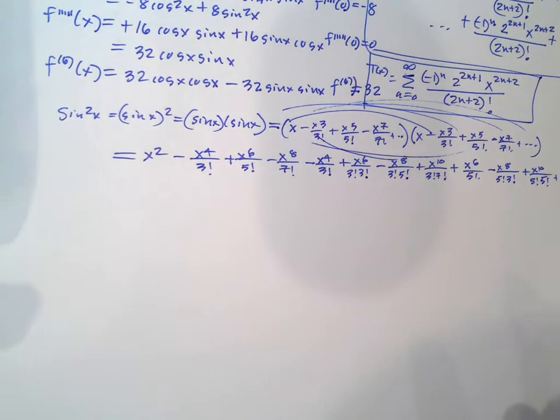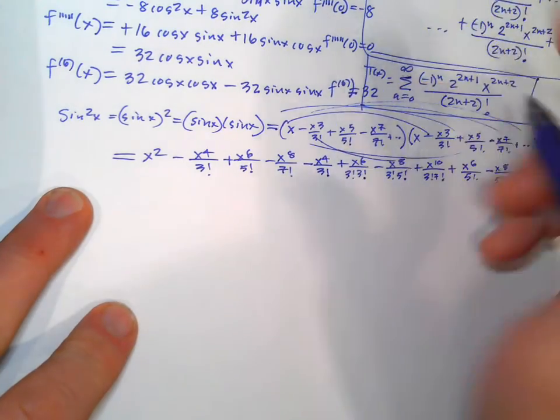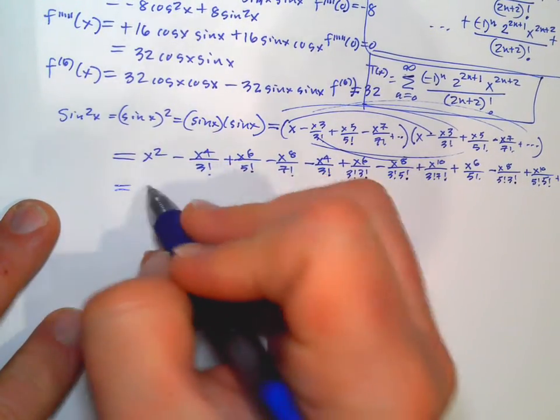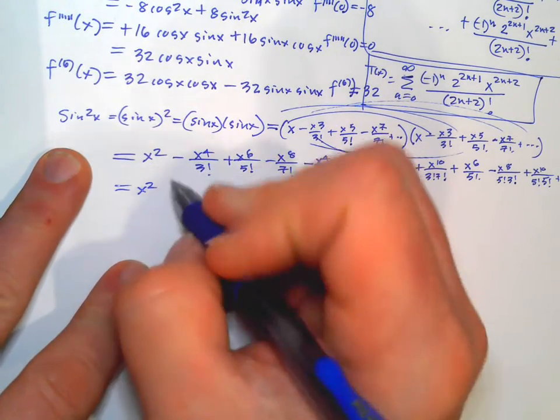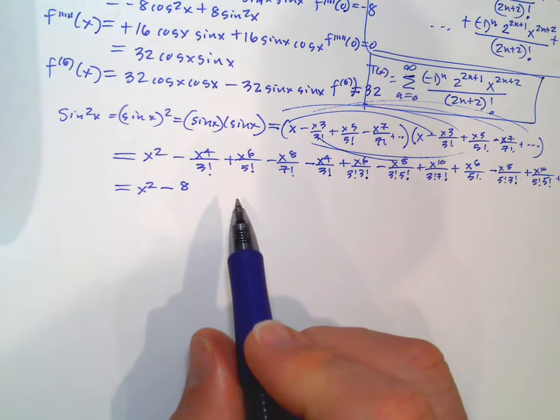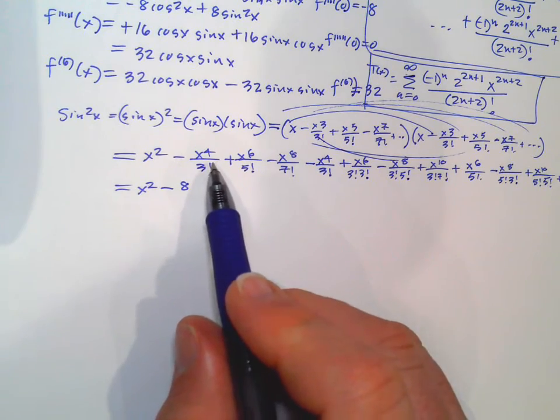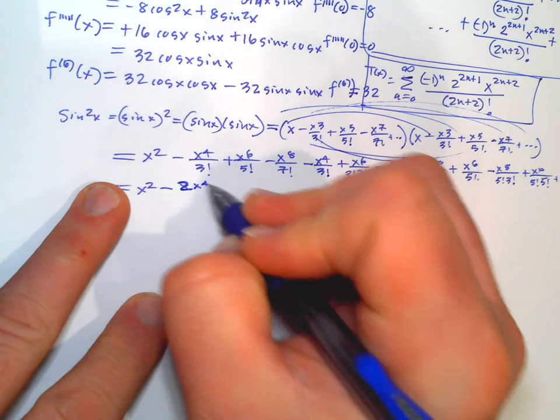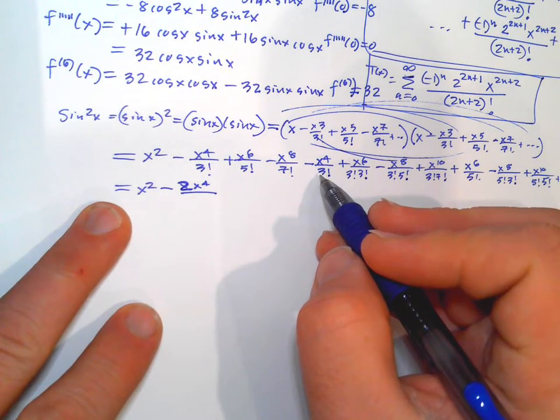Does anything clean up? We're trying to get this same series that we had, which does have an x squared at the beginning, right? And it does have minus 8. Or hold on a second. No. The x to the 4th term would be next. I have minus 2x to the 4th over 3 factorial, right?